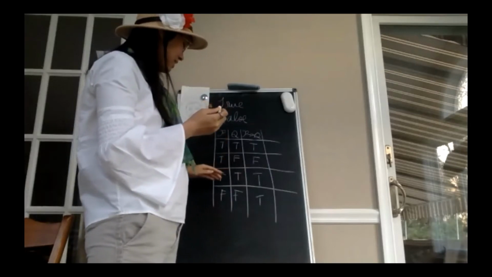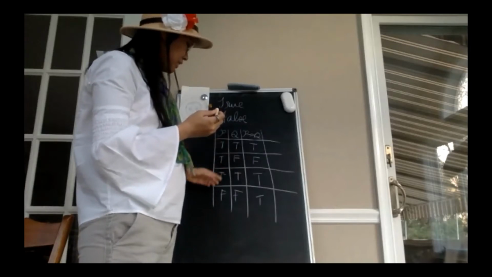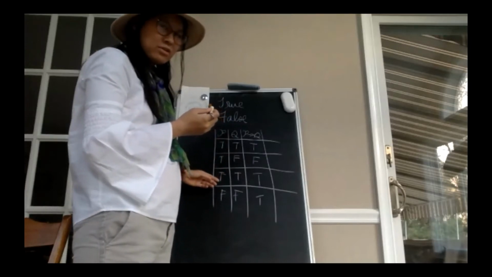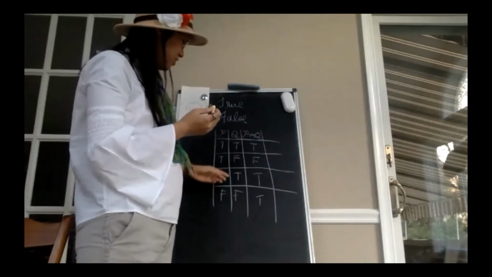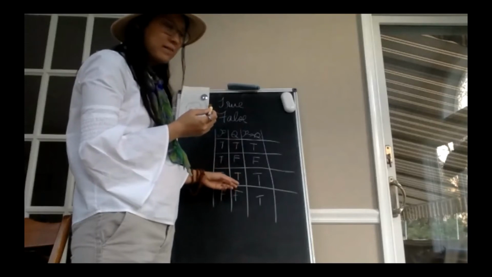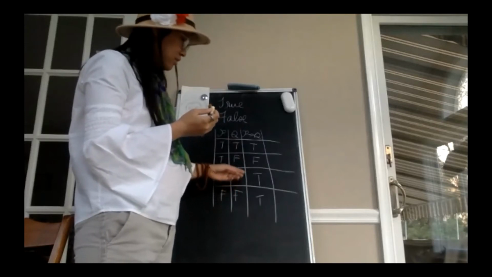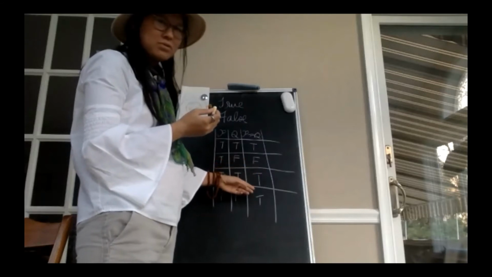Another way of saying this is that we can derive anything from false assumptions. So if P is false, then no matter what truth value Q takes, the statement, if P then Q, will always be true.